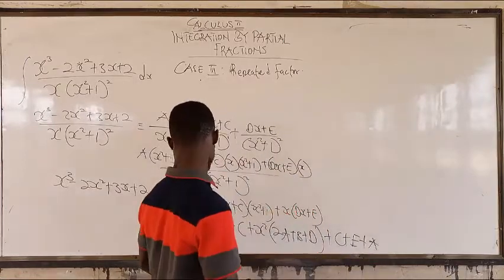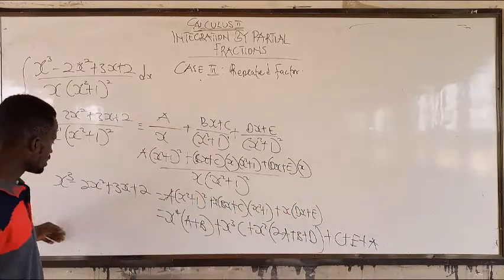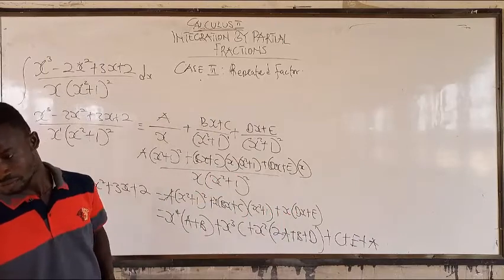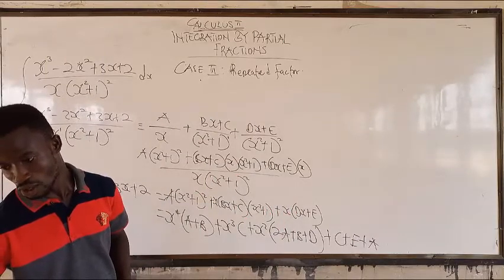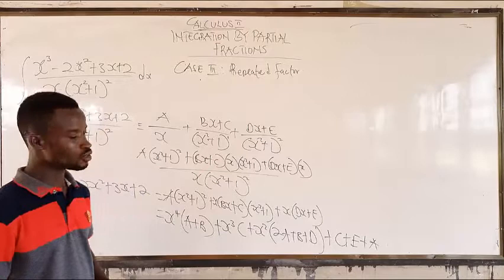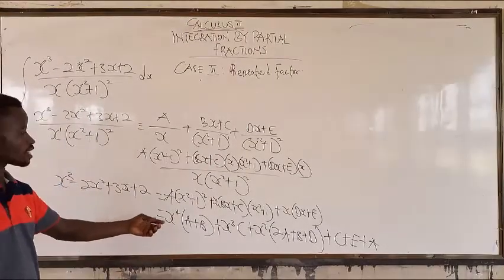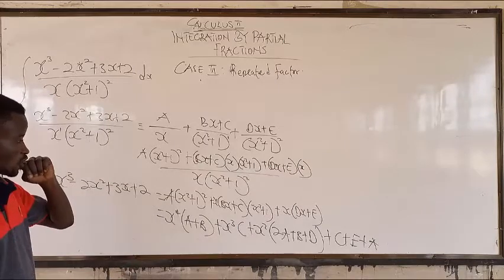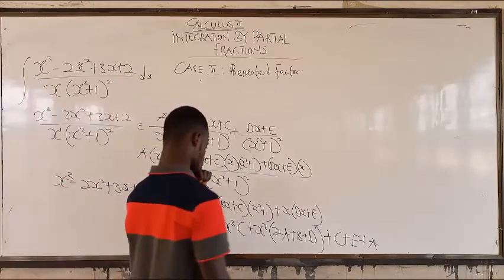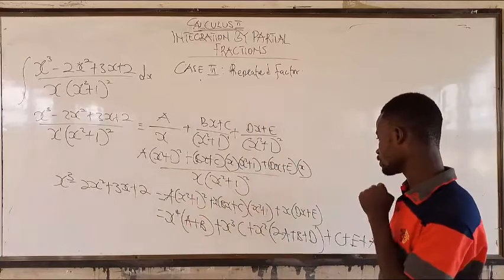That is the constant that we are going to get. So when you compare the coefficients, you can see clearly that here we can choose to do this. You can choose to do this.